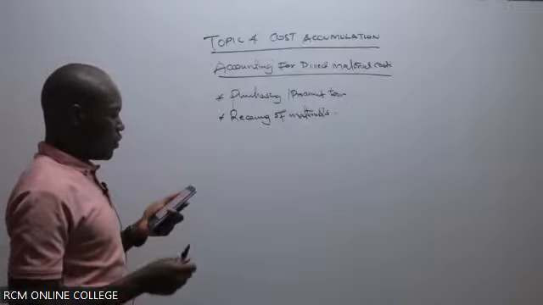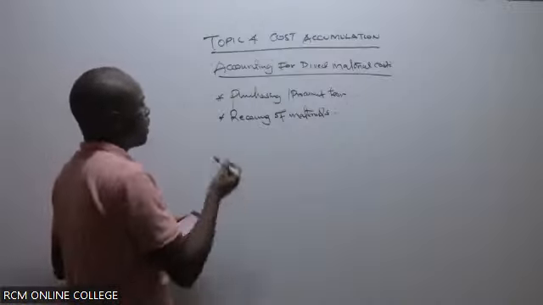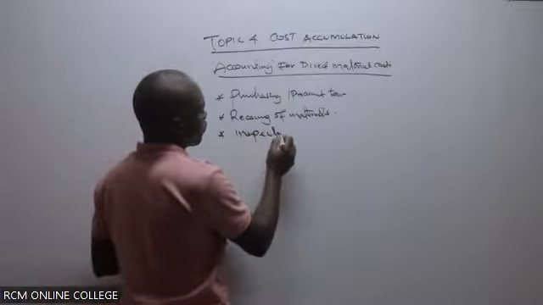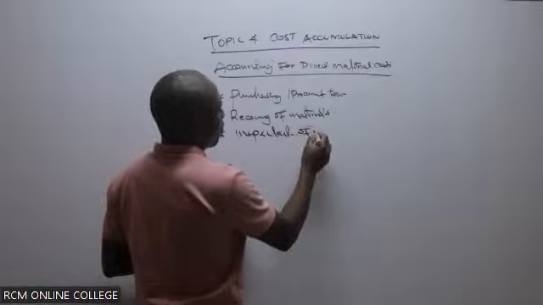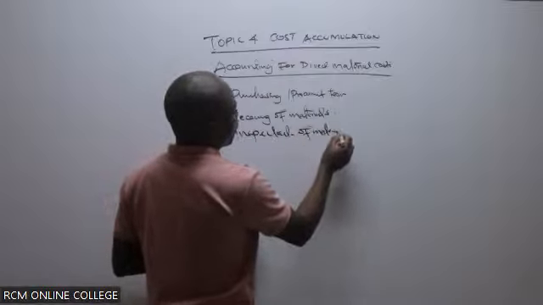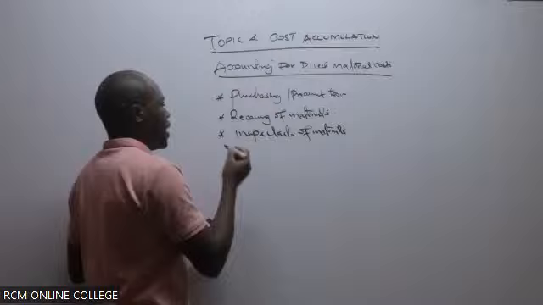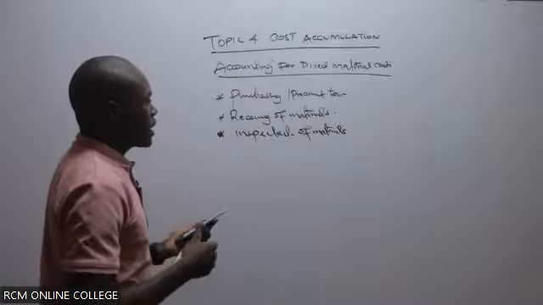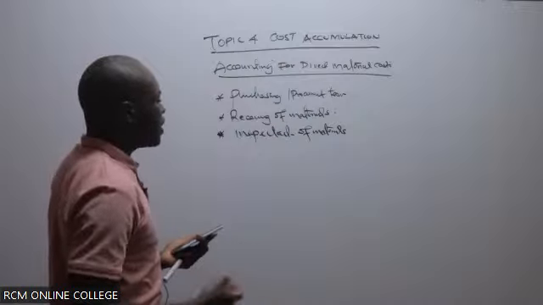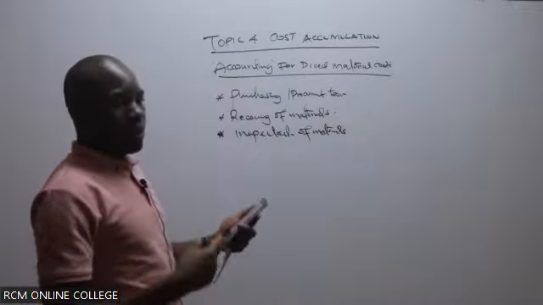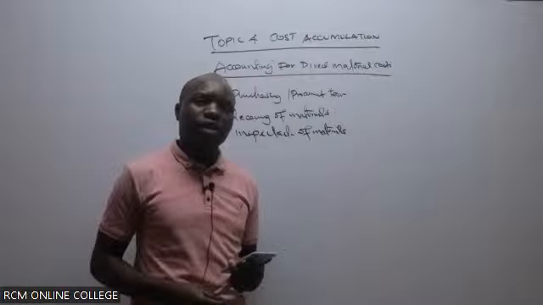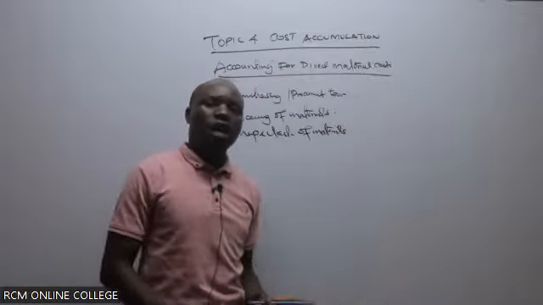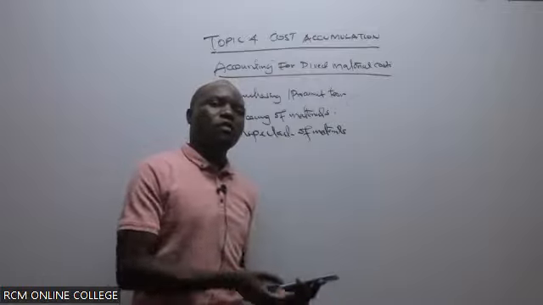Then you're also able to see what we call inspection of materials. Here, after these people receive, yes, they accepted, they received, but at any given time, are you able to just appear without any notice at the store and tell them, please, let's look at the quality of what we have, or even the quantity of what we have in the store?